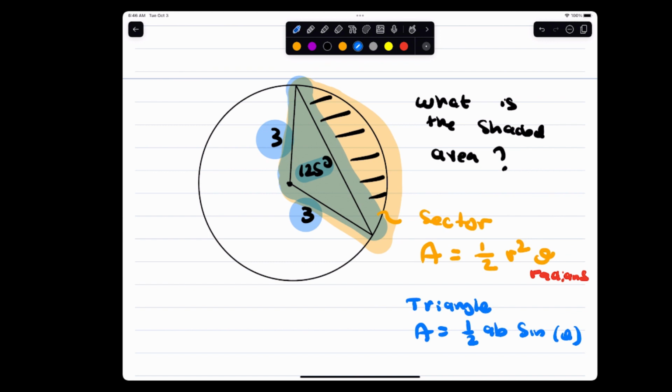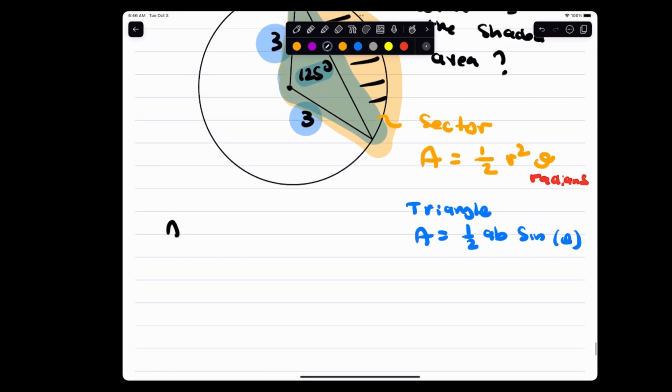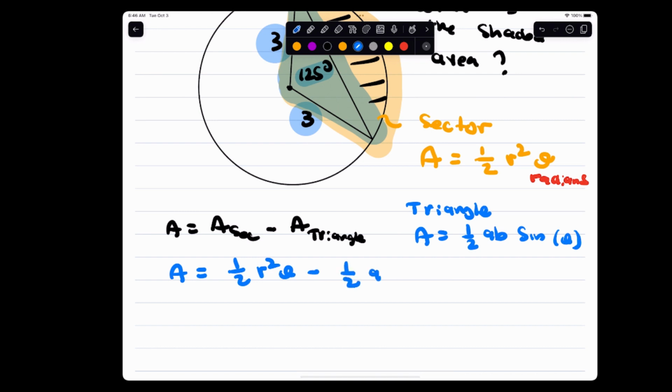Did you guys see my point? So what is the point here? Area in this picture is going to be the area of a sector minus the area of a what? Triangle. One half R squared theta minus 1/2 AB sine theta.